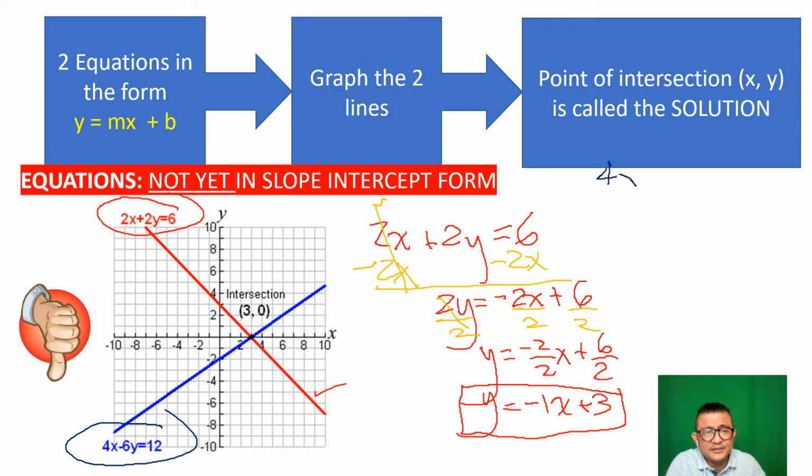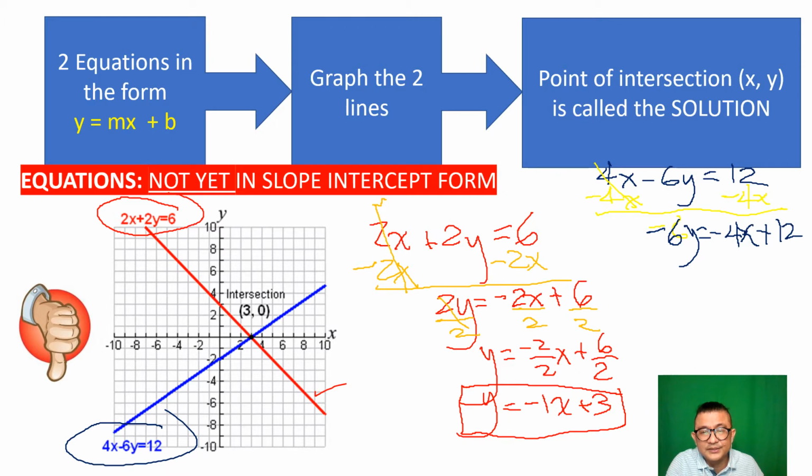For 4x minus 6y equals 12, I want my y, rather, to be alone. So subtract 4x on one side, subtract 4x on the other side. That cancels out. What remains is negative 6y equals negative 4x plus 12.